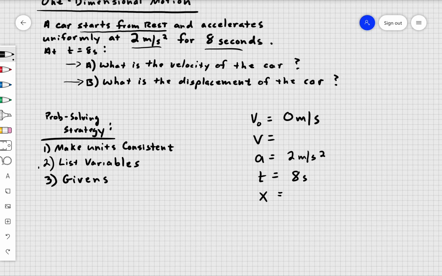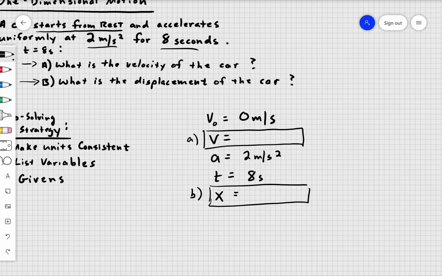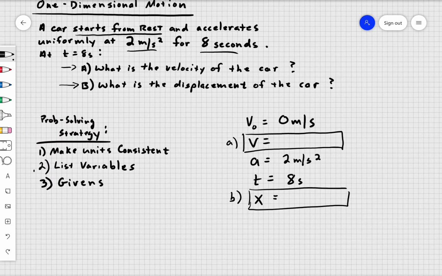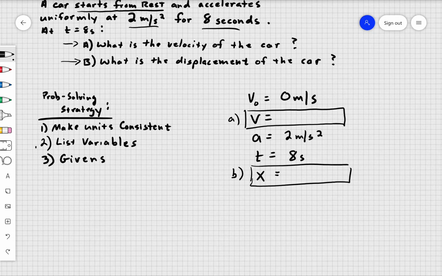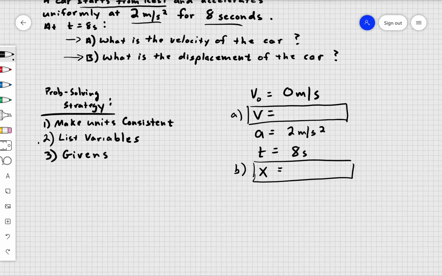That's what we're asked to solve for in part B. So in part A, we are asked for the velocity, and in part B, we are asked for the displacement. It's probably a good idea to remember that regardless of the ordering in the problem, if it's easier to find part B first, do it. You can always do part A last. You don't have to solve in the order in which they are requested.